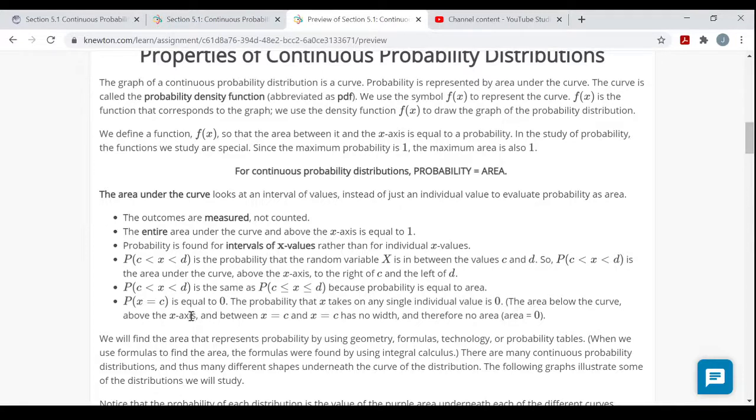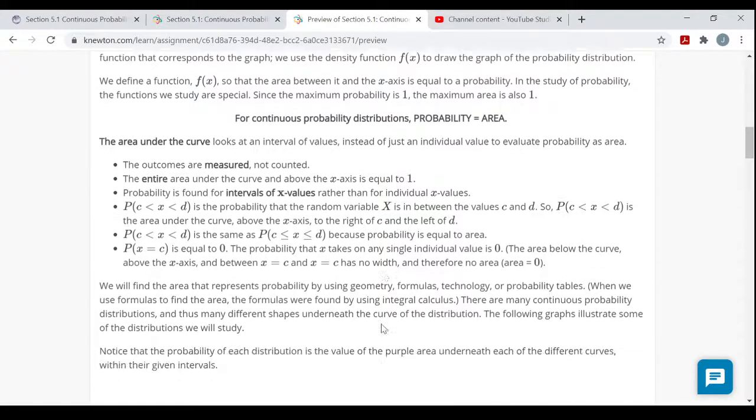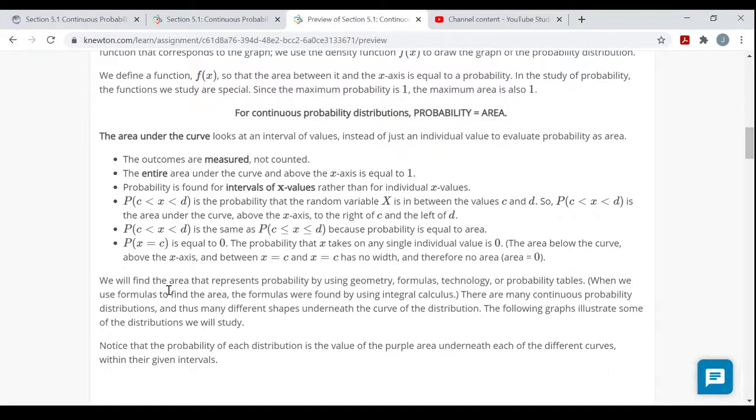The area below the curve above the x-axis, and between x equals c and x equals c, is no width. Again, it's just a segment, therefore no area. We will find the area that represents probability by using geometry, formulas, technology, or probability tables. When we use formulas to find the area, the formulas were found by using integral calculus. Don't worry about that. You're not going to have to be using calculus here, I promise you.